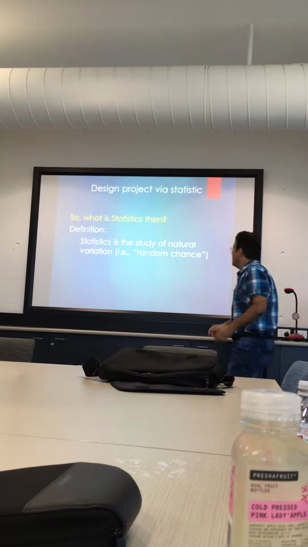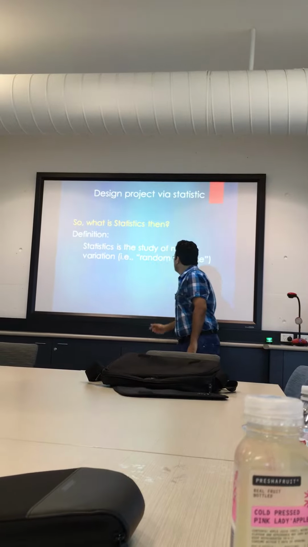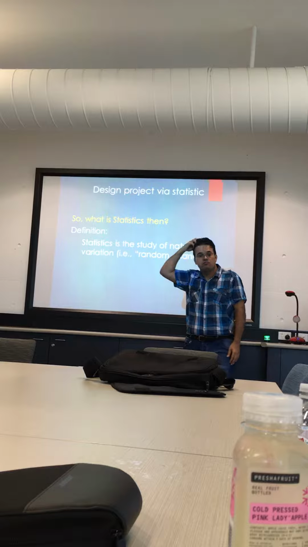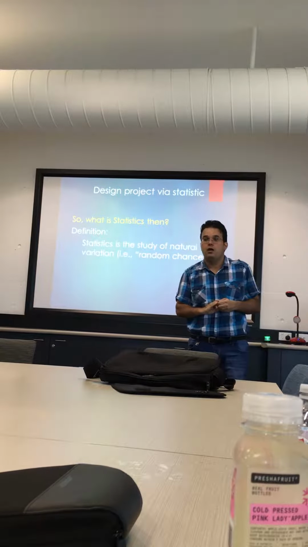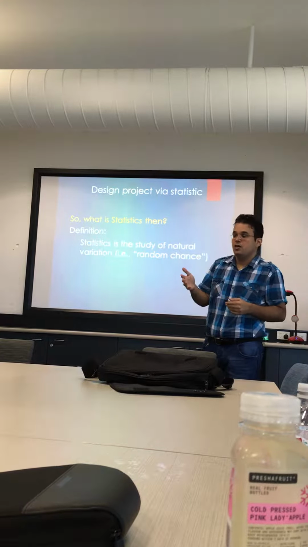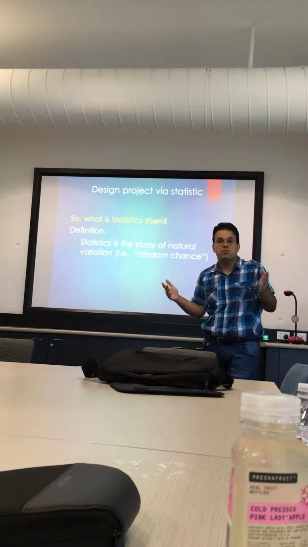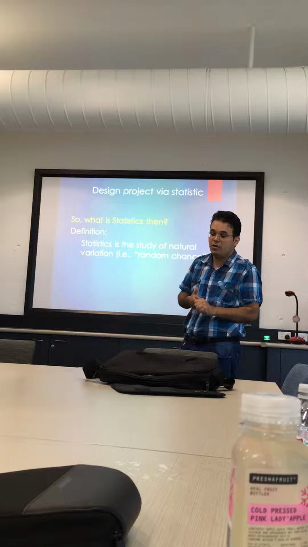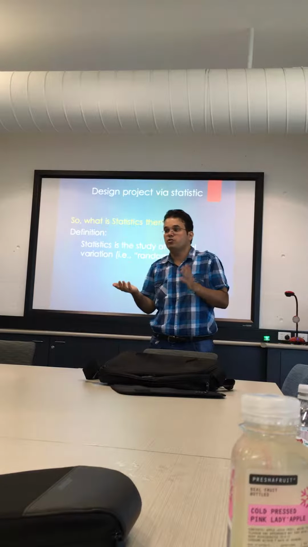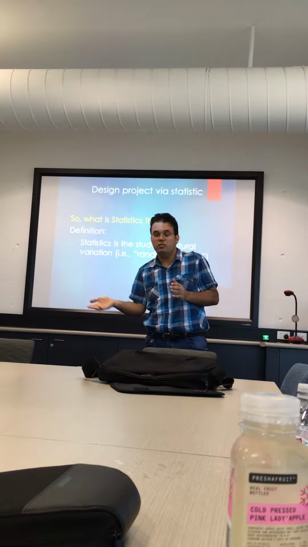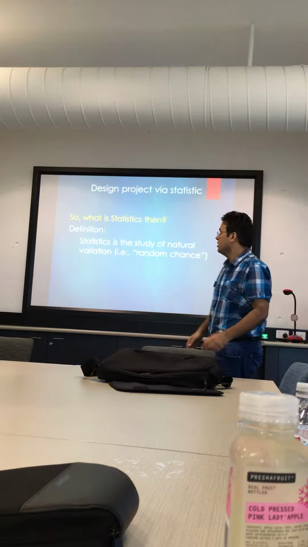Let me start with the definition of statistics. As we say, it is the study of natural variation. That means random chance, that you can't expect whether something will happen or not, it just happens by chance, like when you flip a coin and you don't know: you have a 50% chance of a head or 50% tail.